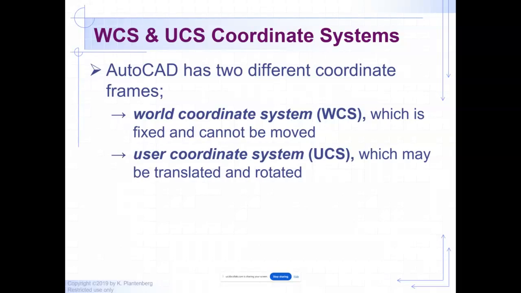So this is a tool, world coordinate systems and user coordinate systems. These are things where you're actually rotating in 3D where you're looking at. Now, AutoCAD will not draw unless you have it set to where you're looking at whatever side it is.